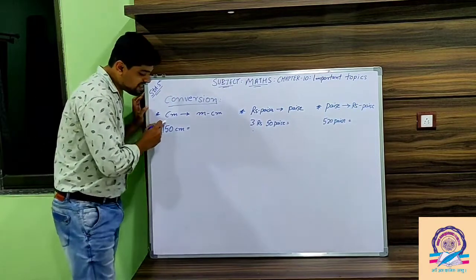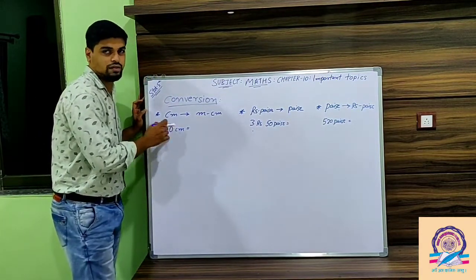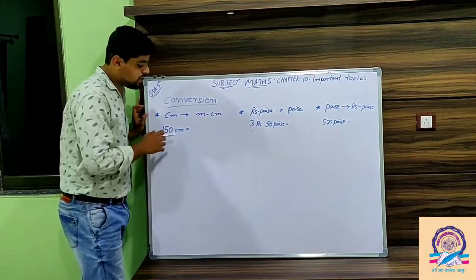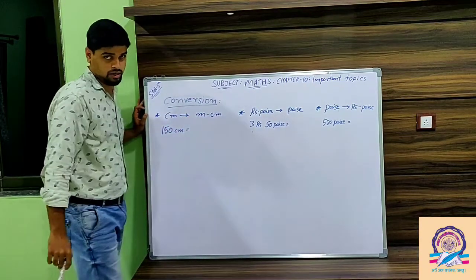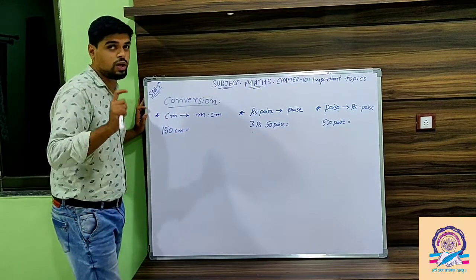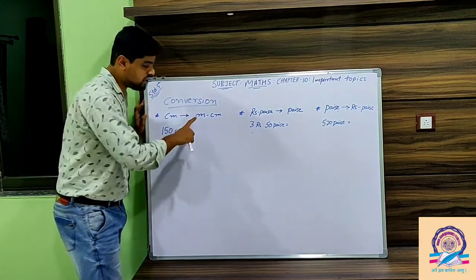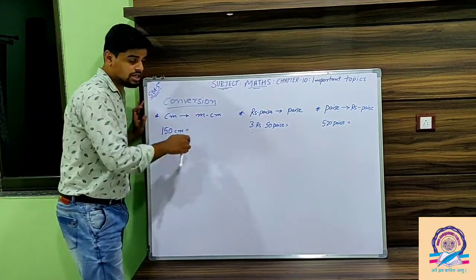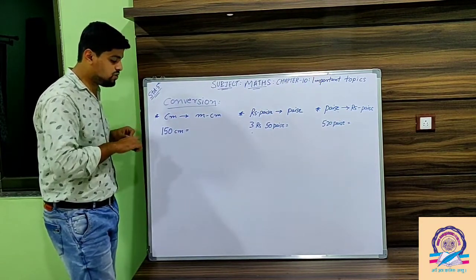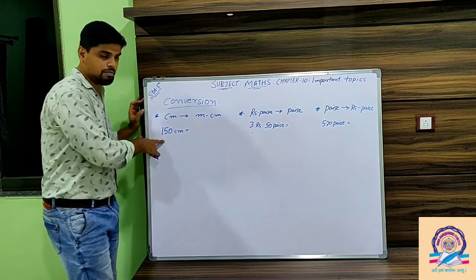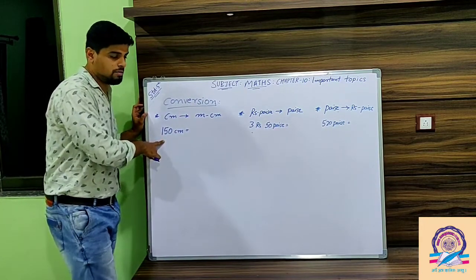You are given a centimeter value, that is 150 centimeter. You have to convert this 150 centimeter into the form of meter and centimeter. You don't have to convert it to only one unit, you have to convert into meter as well as centimeter. So how to do it? It's very simple. You just divide the given number by 100.